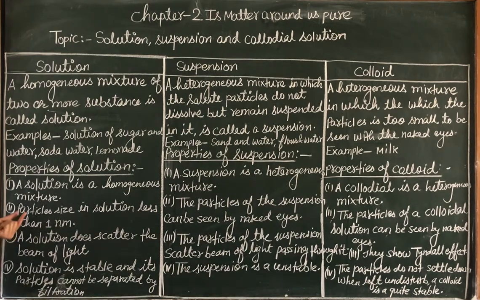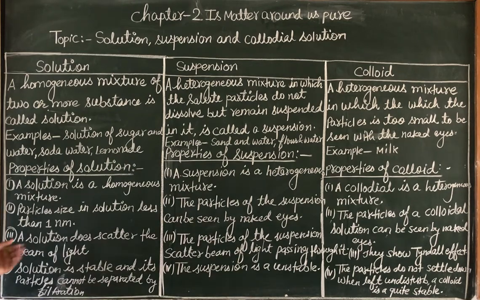Now second, the particles of a solution are very small in size. They are about 1 nanometer. 1 nanometer is equal to 10 to the power minus 9 meters. That means they are very small in size, so we cannot see them with our naked eyes. We can see these particles with the help of a microscope.